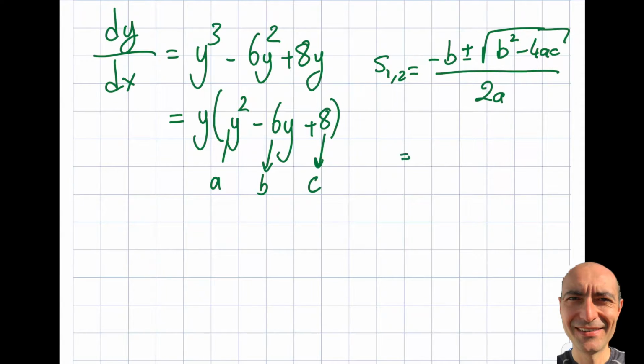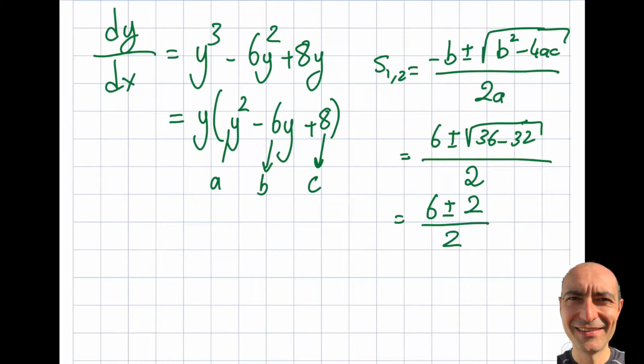So if I plug over here, you can see that I'm going to get 6, minus 6 is plus 6, plus minus the square root of 36 minus 4 times a is 1, c is 8, so I'm going to get 32, right? 4 times 8 is 32, divided by 2a is simply 2. And if I go over here, this is going to be plus minus, that will be 4. The square root of 4 is 2, divided by 2.